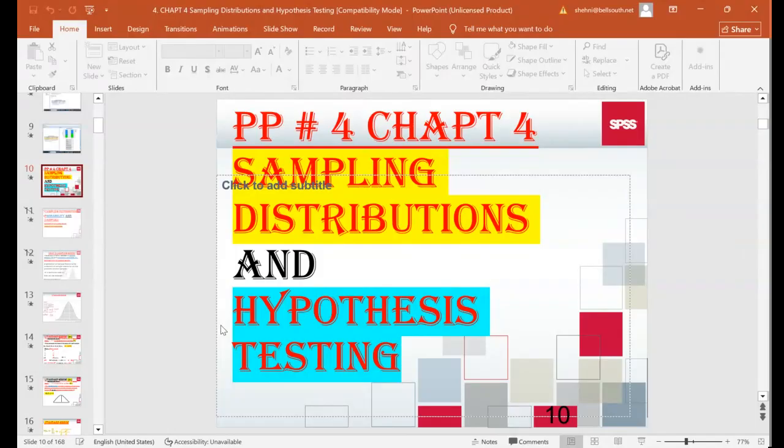The first part is about sampling distribution, which is mostly research, types of sampling and the factors that surround sampling, and then hypothesis testing. So I'm going to combine them and we're going to go over them.